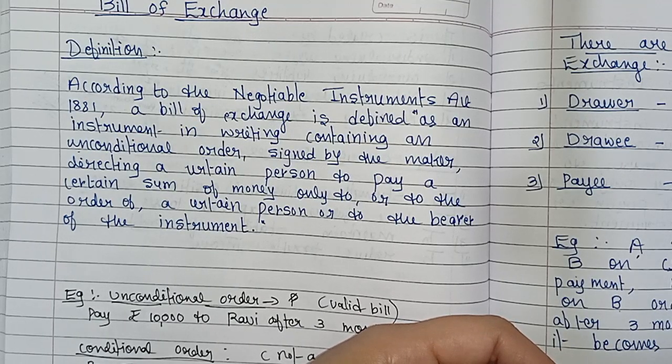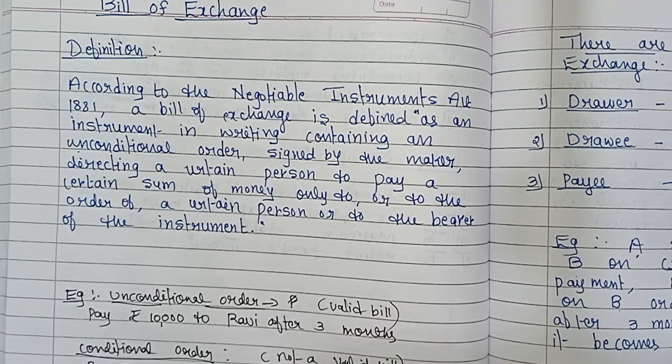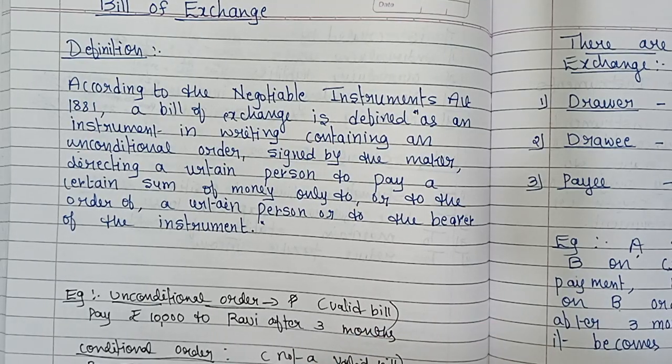The bill of exchange is prepared by the drawer, the person who makes the bill, and it is given to the person who has to pay the amount, and that person has to pay the money to the payee. Payee means the person who will receive the payment or someone else. Usually the payee is the drawer itself, right? So this is the meaning of bill of exchange.